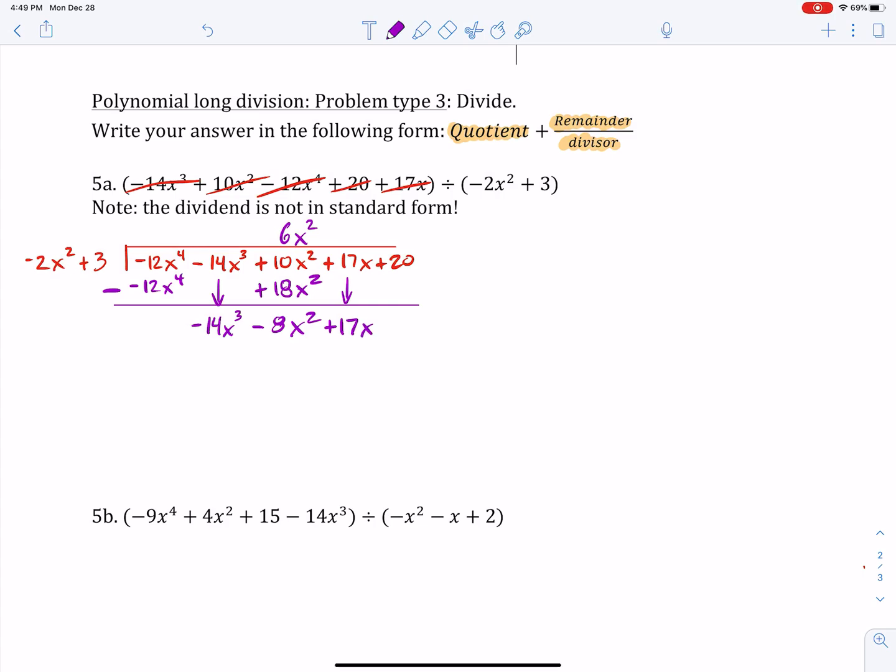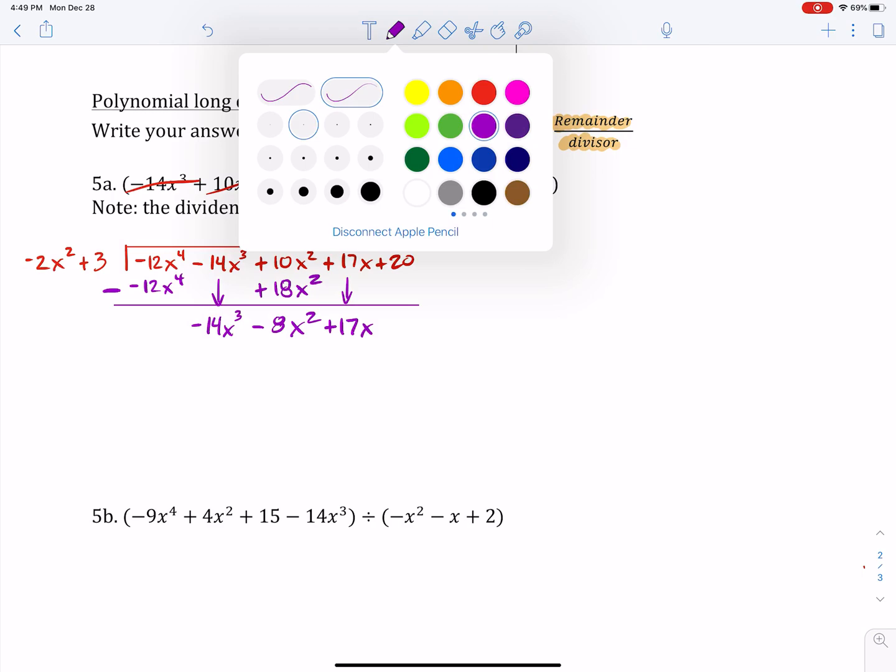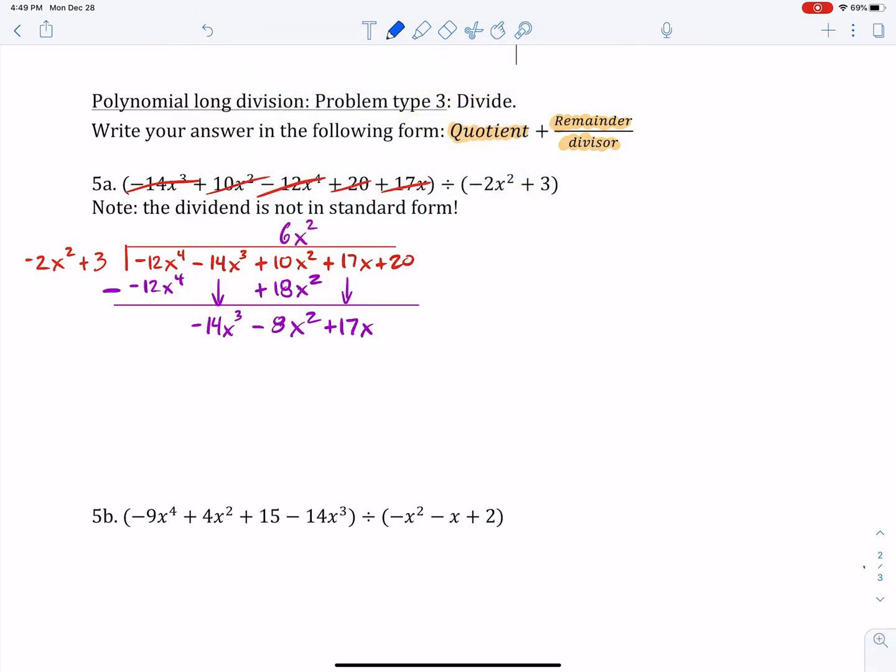And now we just repeat the process over again. Let's do blue. Negative 14x to the third divided by negative 2x squared. That gives me 7x. 7x times negative 2x squared gives me negative 14x to the third.